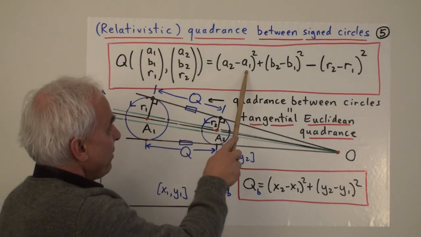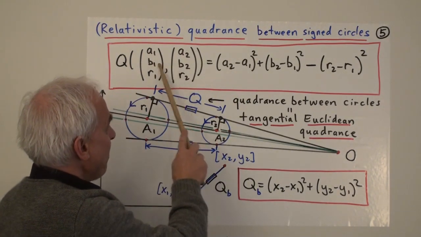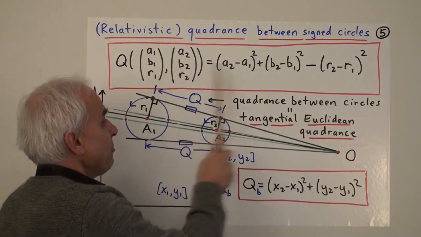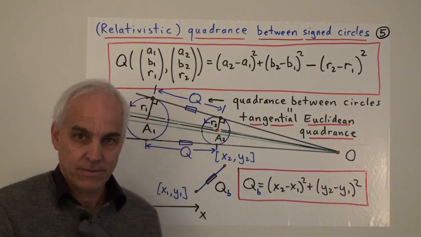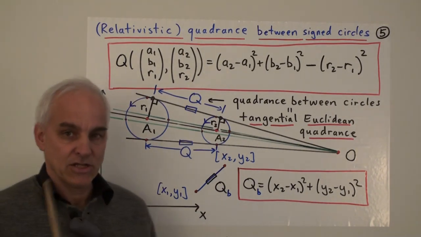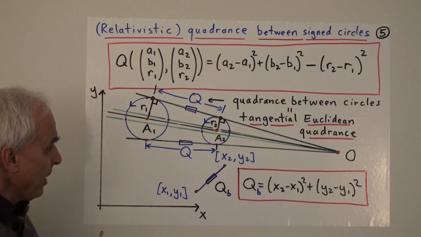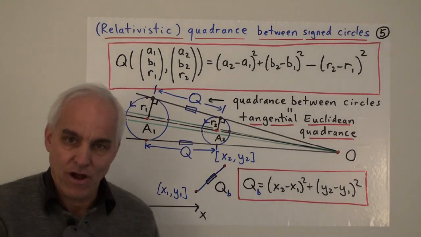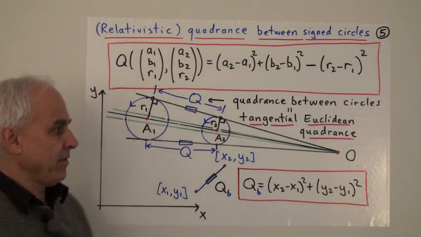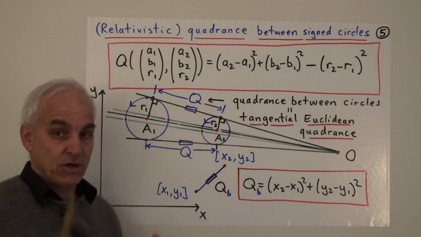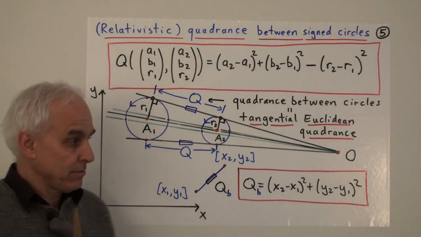A2 minus A1 squared plus B2 minus B1 squared minus R2 minus R1 squared. This is our definition of the quadrance between these 2 signed circles. And I showed you last time that there was a geometrical interpretation of this quadrance. It's a very natural way of thinking about how far apart are 2 circles in the plane.